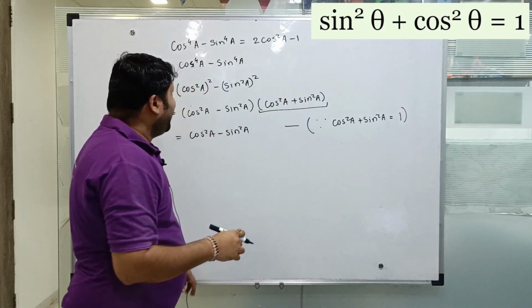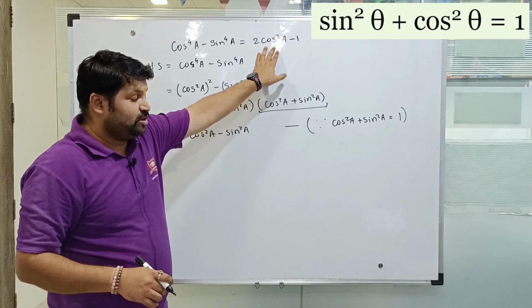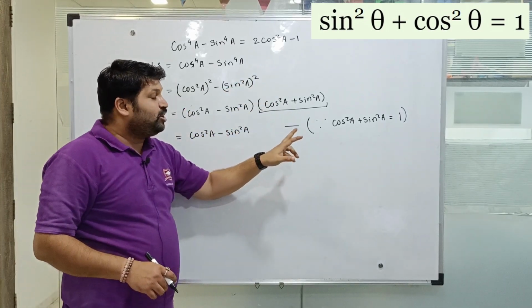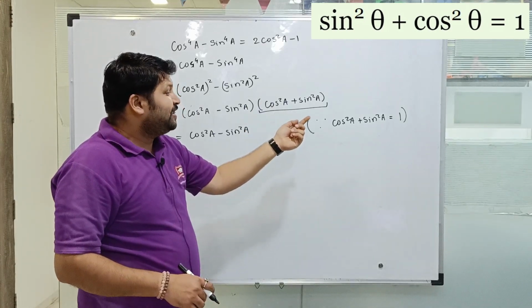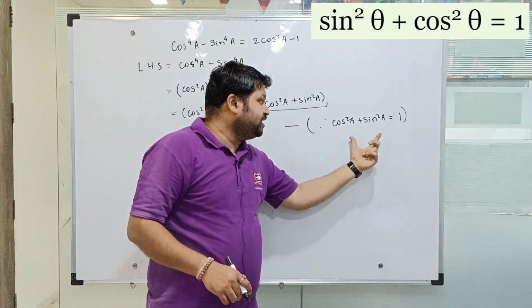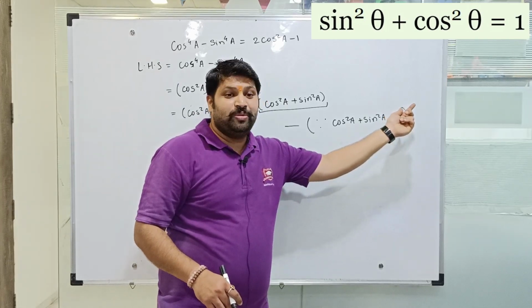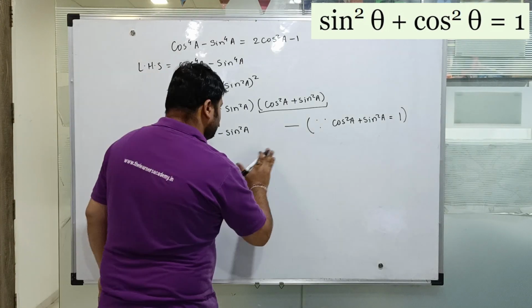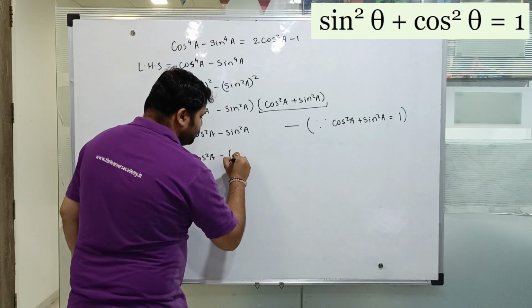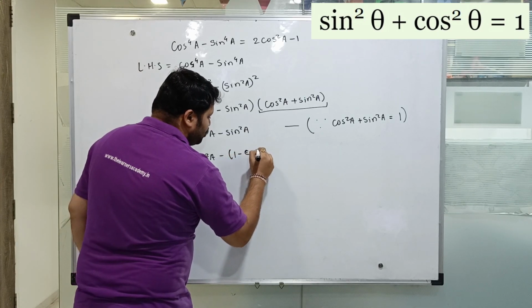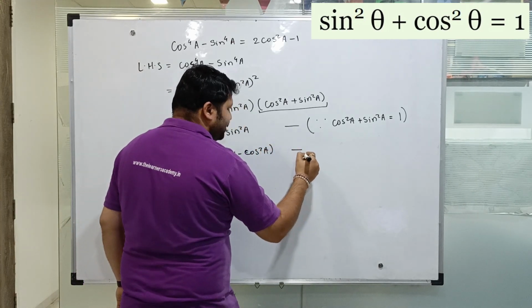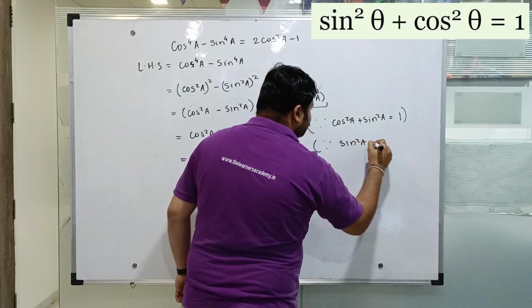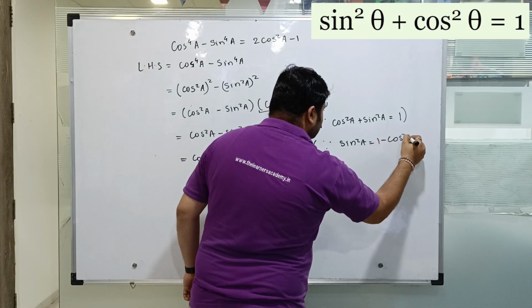Now I needed my cos to be there, so cos I will retain and I will change sin. Now what have we studied prior to this? That I can also write this identity as sin square a is equal to 1 minus cos square a, and I can replace it giving me cos square a minus 1 minus cos square a. Now the reason I will write here is because sin square a is equal to 1 minus cos square a.